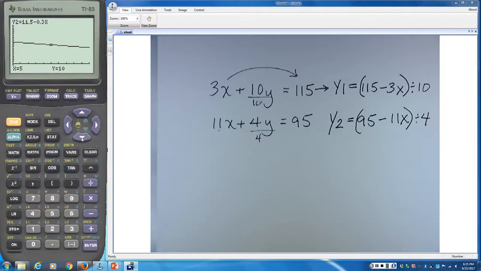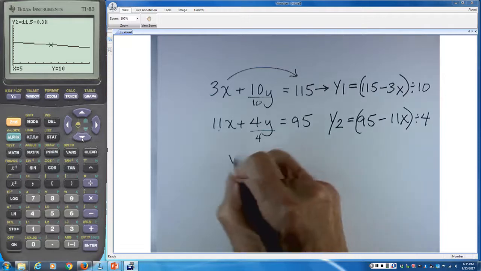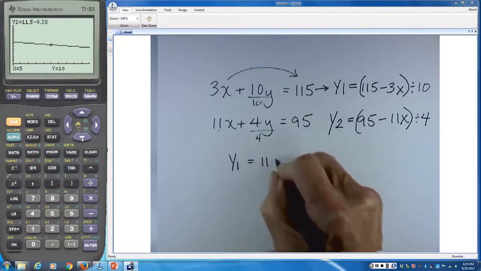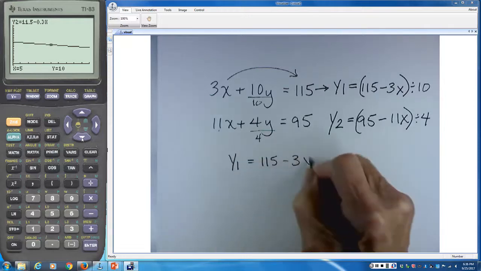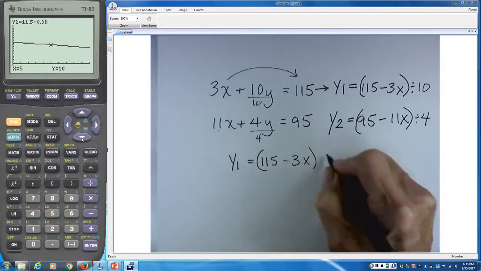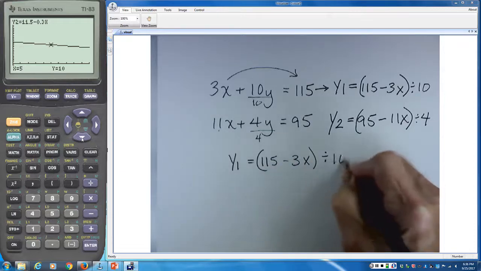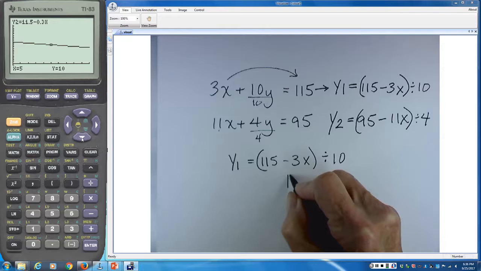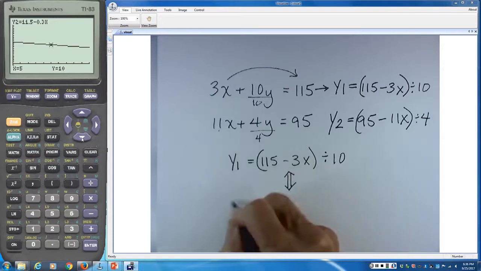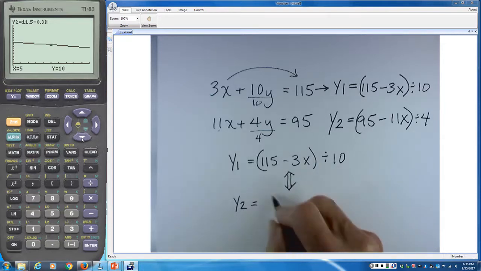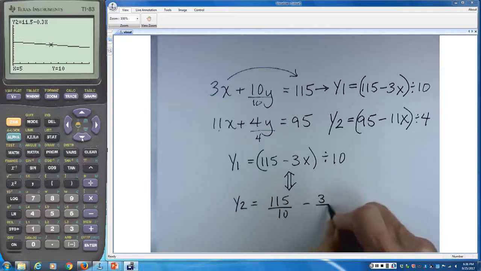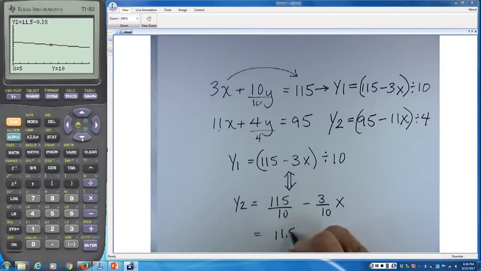Because the first equation is equivalent to the second equation in another form.